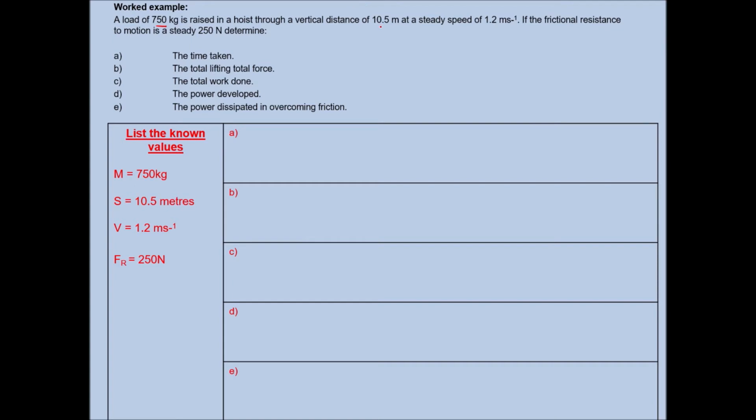Don't forget your units, and if you missed any videos up to this point, you need to go back. We've got a distance of 10.5, and we're using the letter S to represent this distance or displacement. We've got velocity, the question says speed here, but the more familiar we are with the word velocity, the easier it'll be to solve these problems. And we've got frictional resistance of 250 newtons, which is what this force is here.